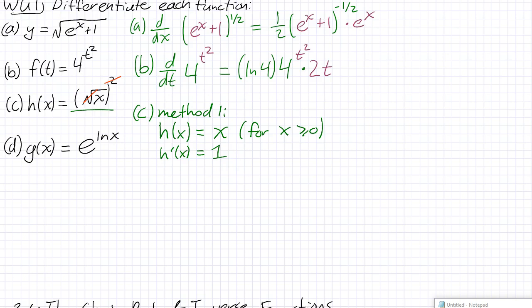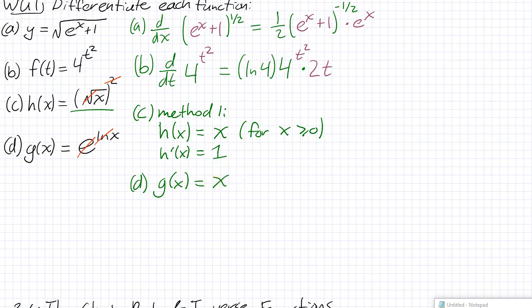So that works. Then same thing with D. Here's method 1. As long as x is positive, which is the domain of natural log, then e to that power and natural log just cancel out. So this g of x function is just x.